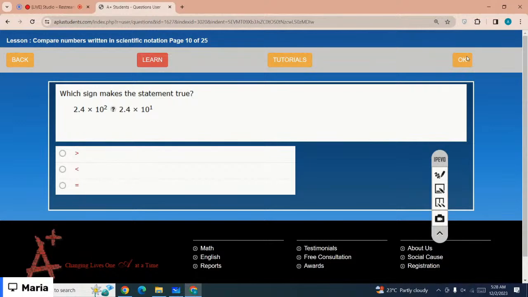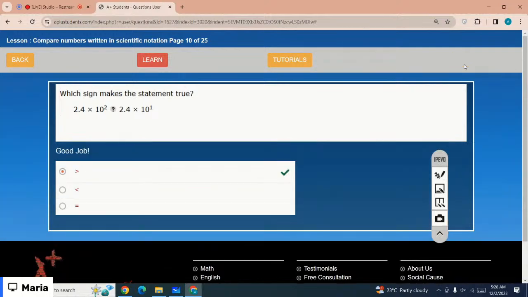Yes, 2.4 times 10 exponent 2 is greater than 2.4 times 10 exponent 1, right? Because that has the greater exponent.